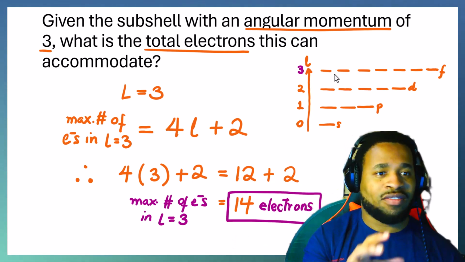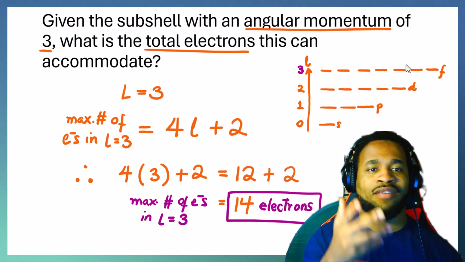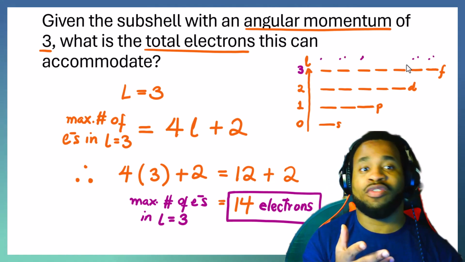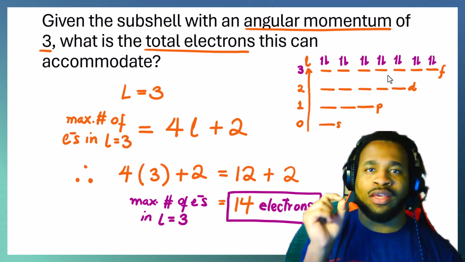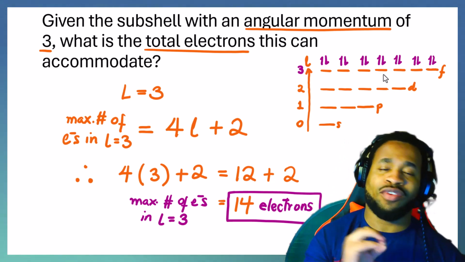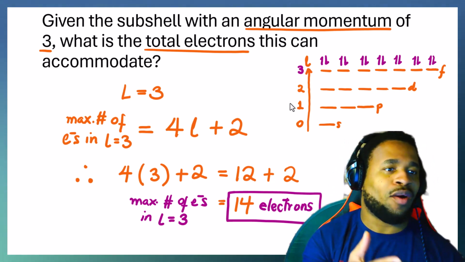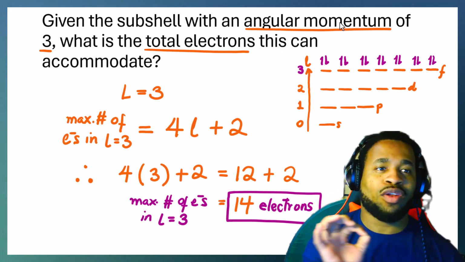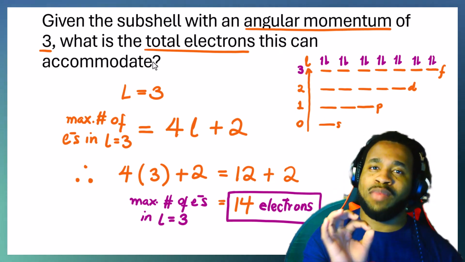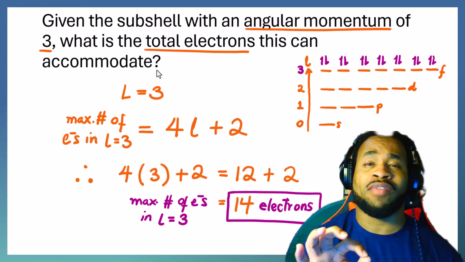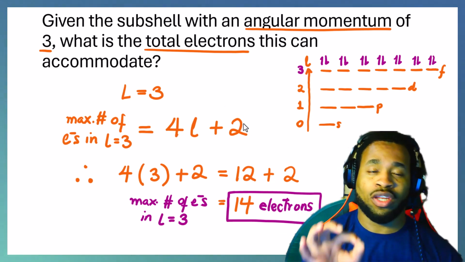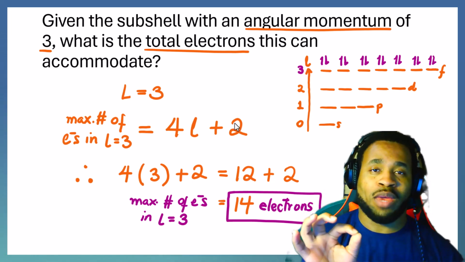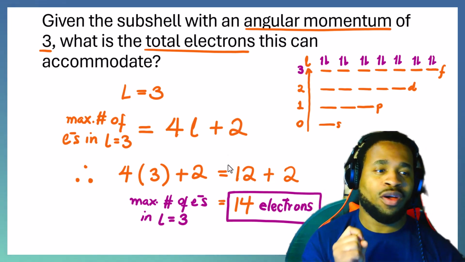And this is going to have a total number of electrons of what? 14. So we have 2 on each sublevel. These are how we address angular momentum, focusing mainly on the maximum number of electrons possible. Remember this key expression to be able to accomplish this question.